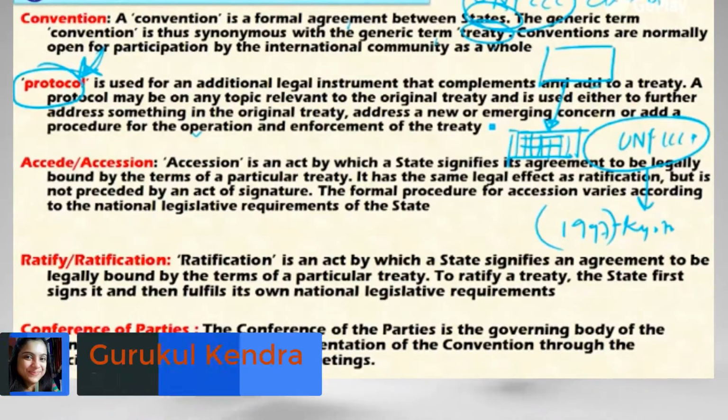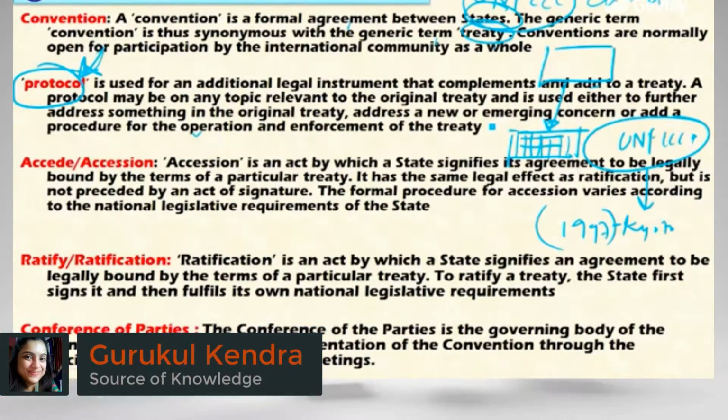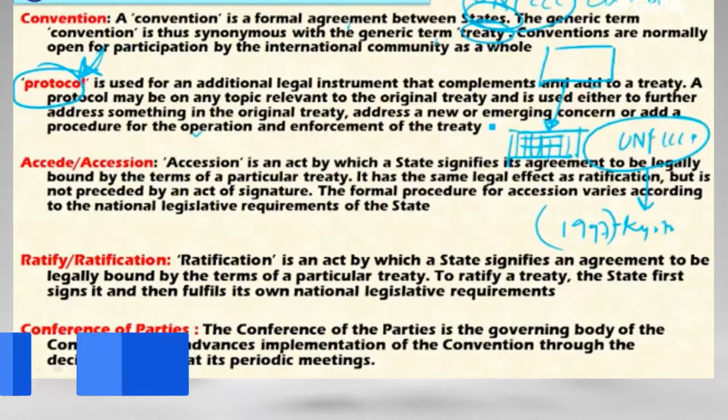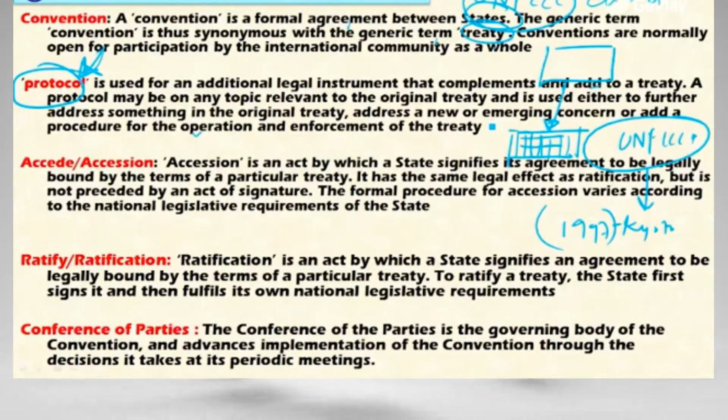So detailed guidelines, rules, regulations and restrictions are made through protocols. A protocol is an additional legal instrument that complements and adds to a treaty or convention. A protocol may be on any topic relevant to the original treaty.